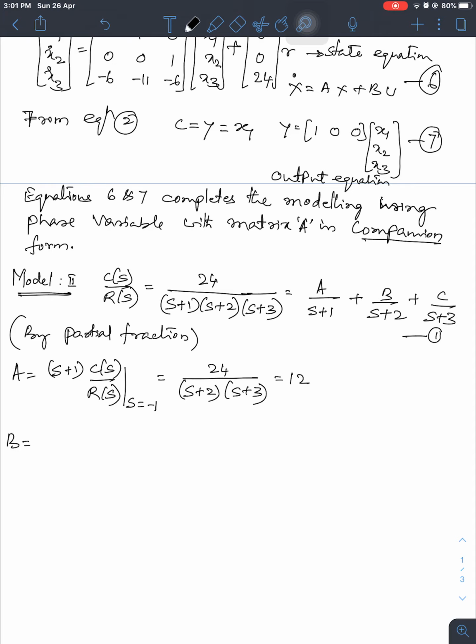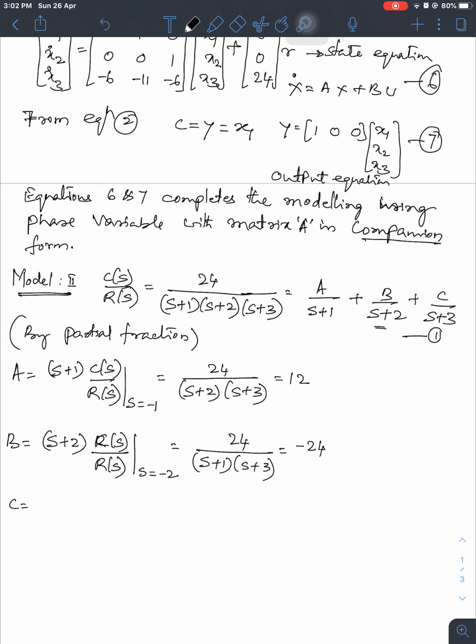Now we will evaluate B. B is evaluated as the denominator of B into the given transfer function, that is s plus 2 into C of s to R of s, evaluated at s is equal to minus 2. So this would be 24 divided by s plus 1 into s plus 3. This would be 1 and 1, and this will be minus and minus 24.